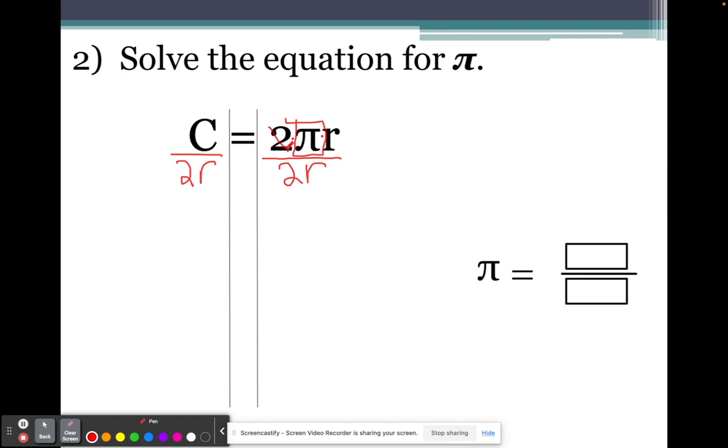This cancels with this. This cancels with this. And I'm left with pi equals the circumference divided by 2 times the radius. I'm not going to rewrite that. It's right here. So pi equals c over 2r.